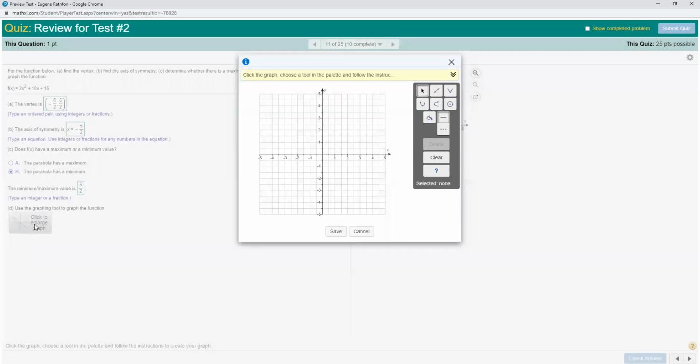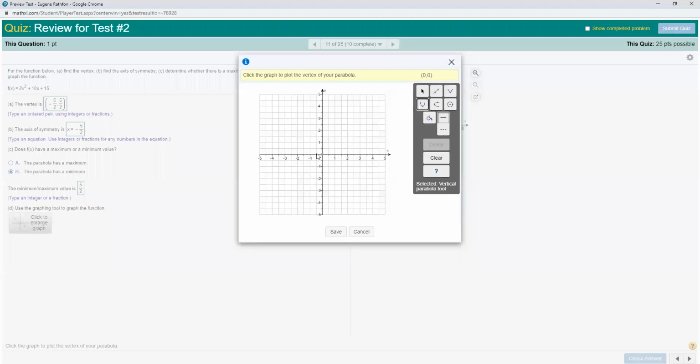Now notice, since I got halves on the bottom of my fraction, this is broken into halves, okay? So remember, we click the parabola. The first thing I got to plot is my vertex. So I'm going to go left, negative 5 halves. Since this is broken into halves, I'm going to go left 5.